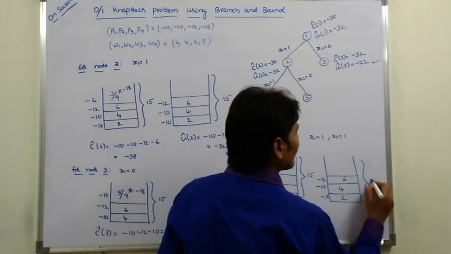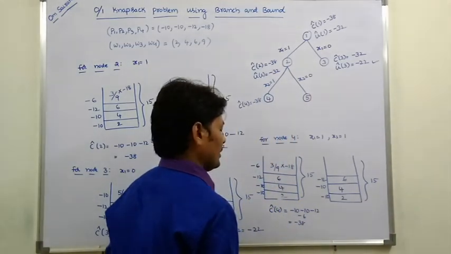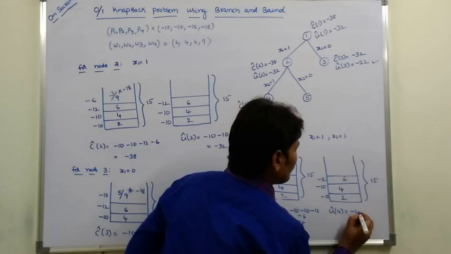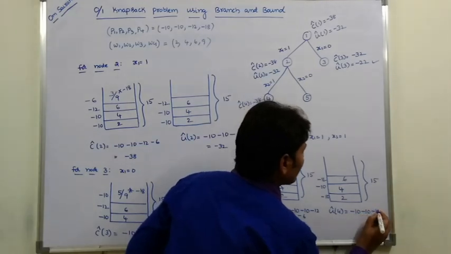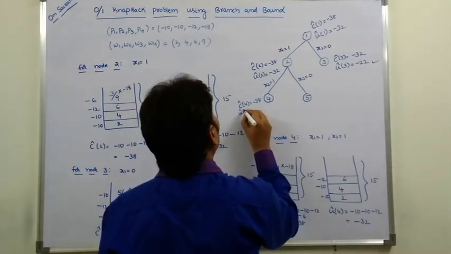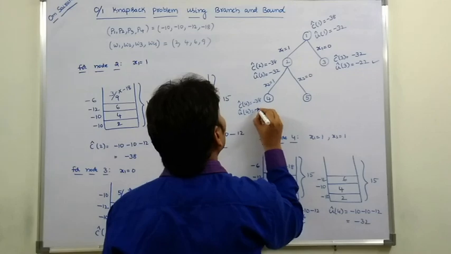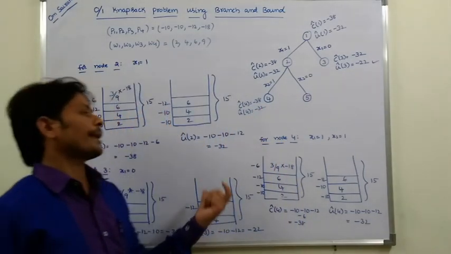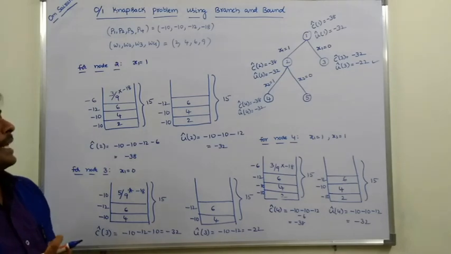Therefore U cap of 4 is equal to minus 10 minus 10 minus 12, so that is minus 32. So U cap of 4 is equal to minus 32. Now we have to calculate C cap and U cap for node 5.